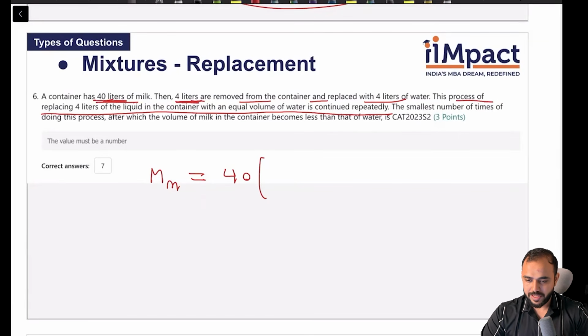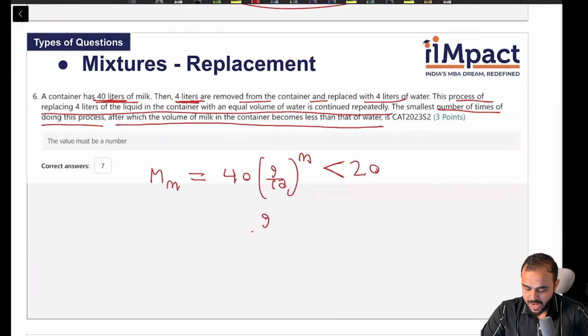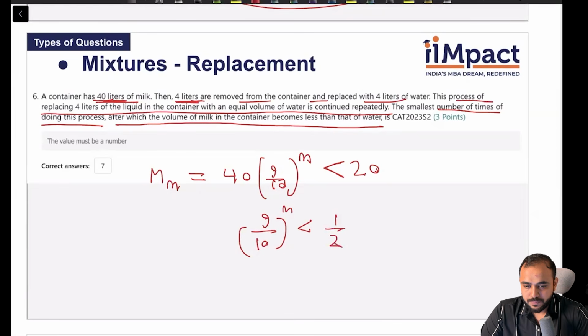So 1 minus 1 by 10, or 9 by 10 raised to the power n. The smallest number of times of doing this process, after which milk in the container becomes less than that of water. So you want milk to be less than water or less than 20. So, or you want 9 by 10 to the power n to be less than 1 by 2.